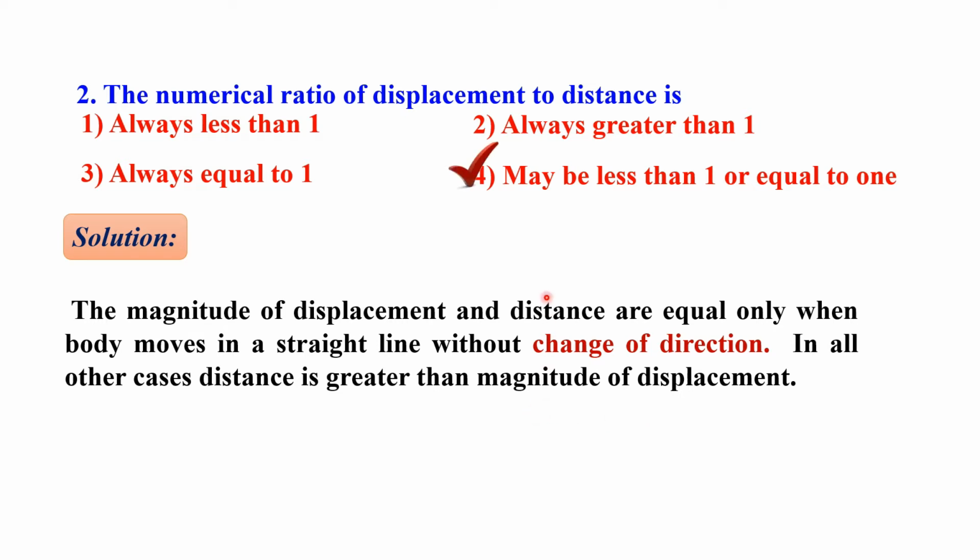So the ratio may be less than 1 or equal to 1. They are equal when the body moves in a straight line without change of direction. In other cases, distance is greater than displacement. Okay, next.